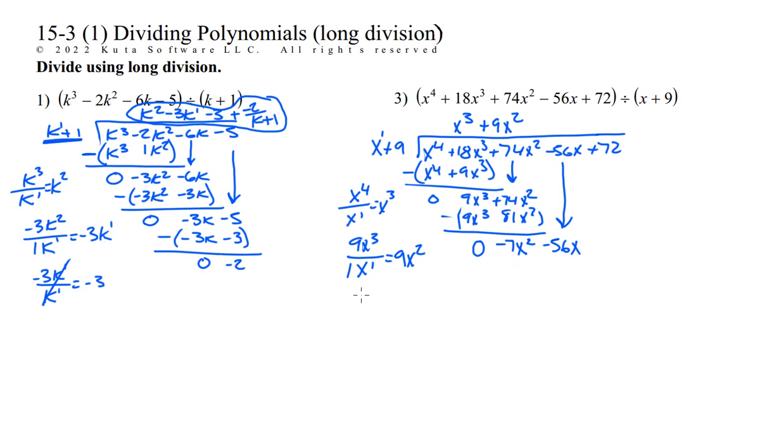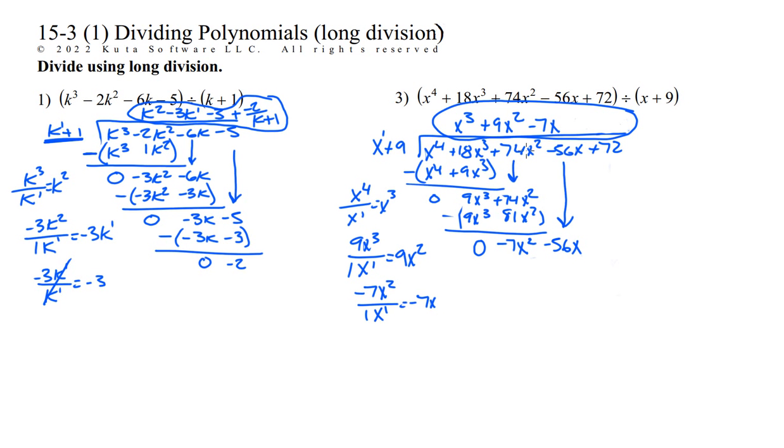And then we do the same thing, negative 7x squared, divide by our x here, x to the first, and that gives us negative 7x, so we get minus 7x. So we take the negative 7x, multiply it by the x to the first over here, and that gives us negative 7x squared. Negative 7x times 9 is negative 63x.